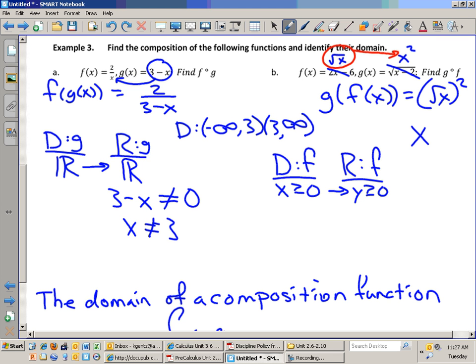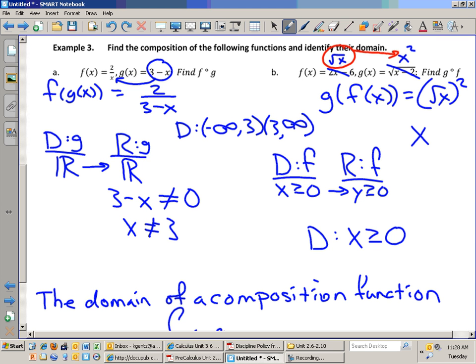Now, let's check. Can you plug just positive things into x squared? Is that okay? Yes, it's okay to do that. So my domain remains x greater than or equal to 0. Those are numbers I can plug in. But I have to check to see if my range values I get out of that are available to plug into the new one.